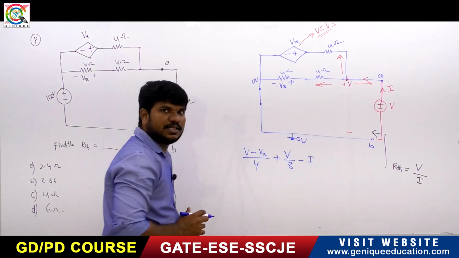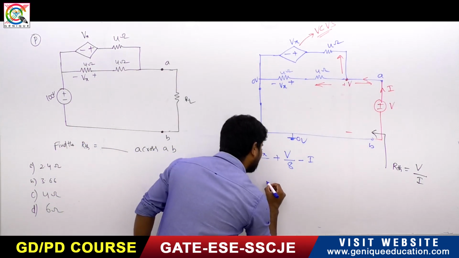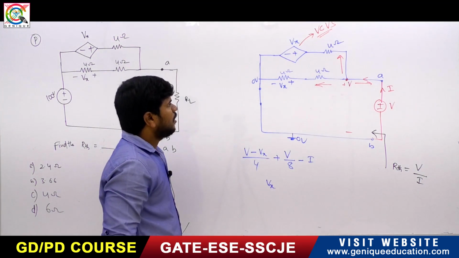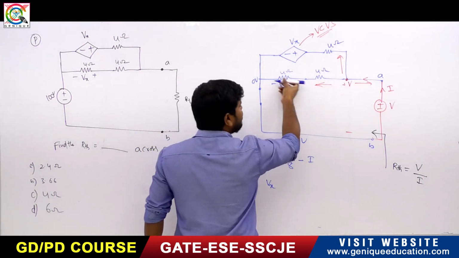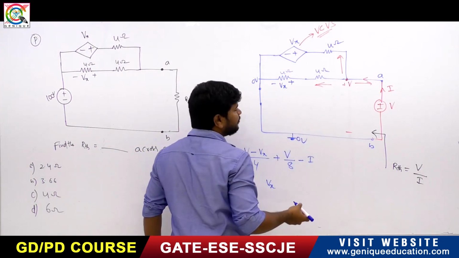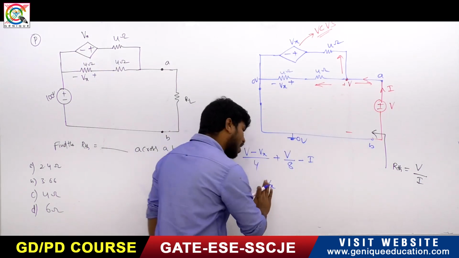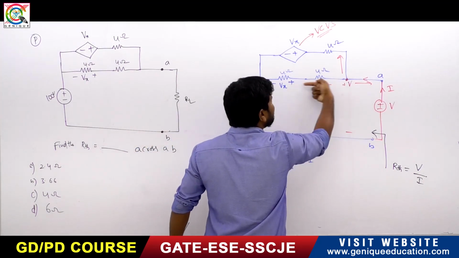Now what is Vx? You have to understand. Vx is there, right? But Vx is equal to the current in this, into the 4 ohm resistor. Or I can also write, observe this, what is this current?